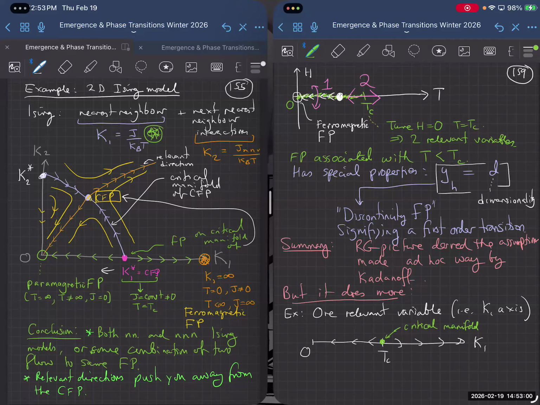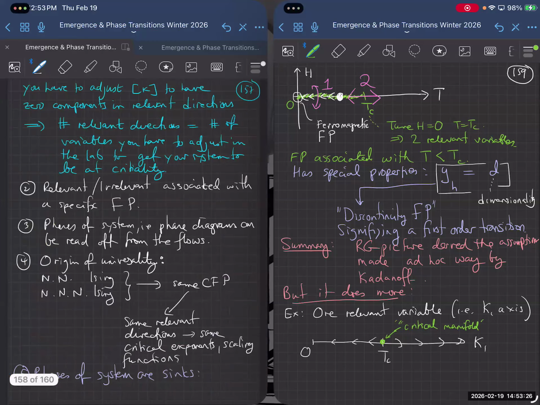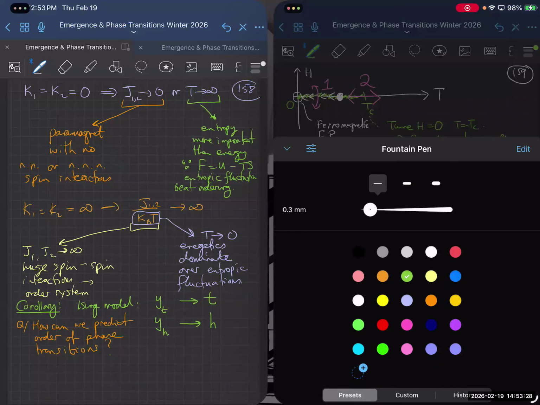When you go into the two-dimensional space that is shown on the left-hand panel, then you see that that point that we're calling the critical manifold here, I'm going to put a little quotation marks around it, is actually part of a much bigger, more general critical manifold, which is the one indicated on the left-hand panel. Okay, so let's have a look at what would happen if we did renormalization group in just one variable. It's just a fictitious thing.